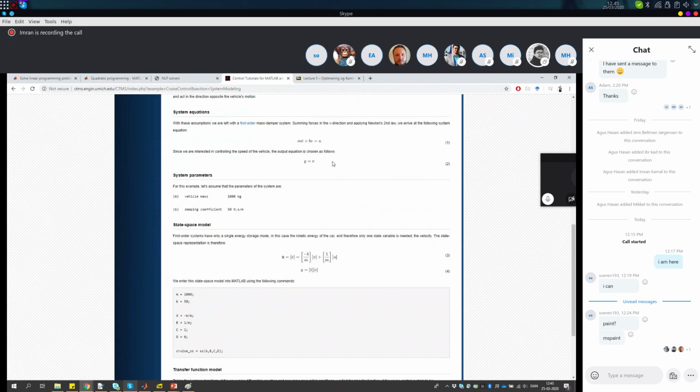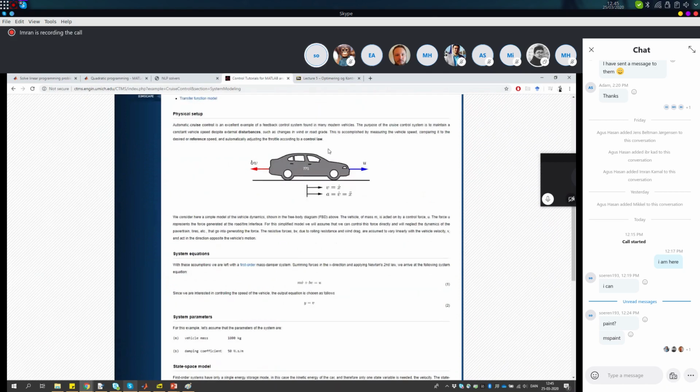This is quite simple, how to model the cruise control system. You consider a car moving forward, and it has a force U, but then there is a drag force B times V, where V is the velocity.